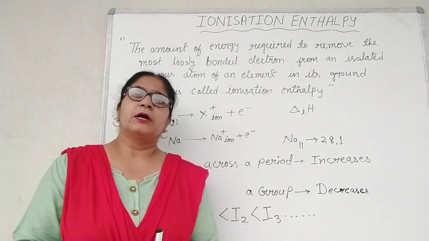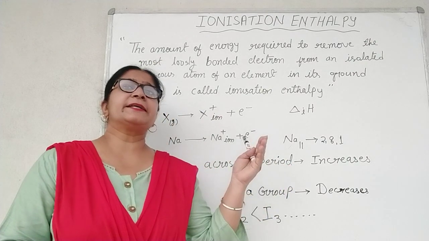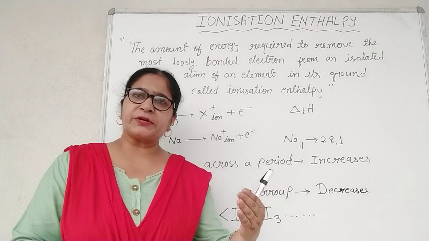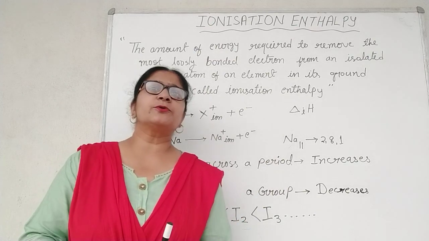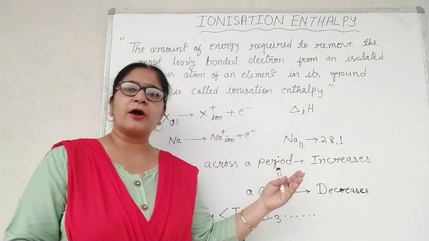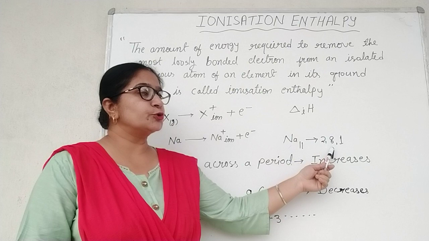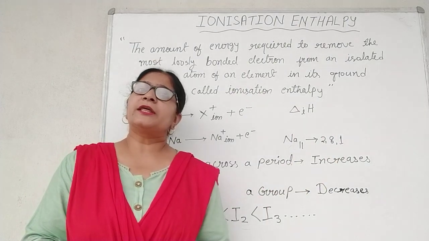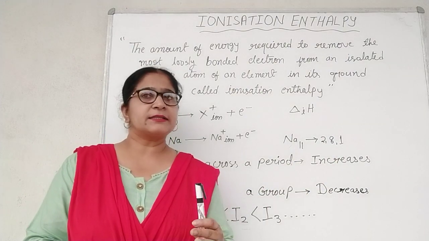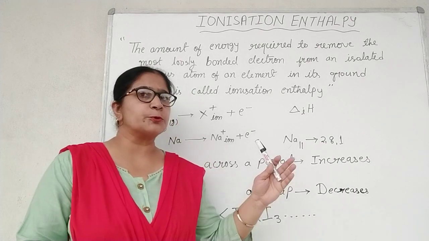This is the sodium atom, which has 3 main shells, and this is the outermost electron of the sodium atom.